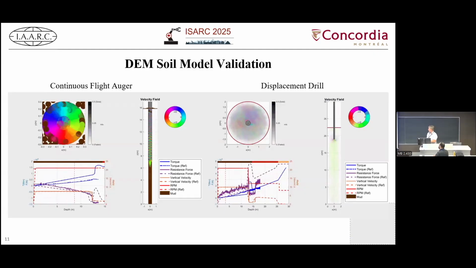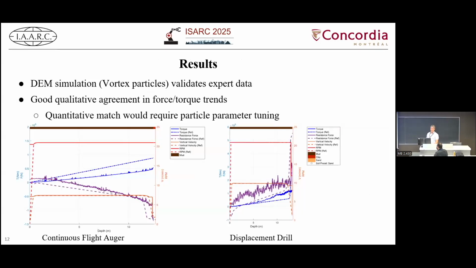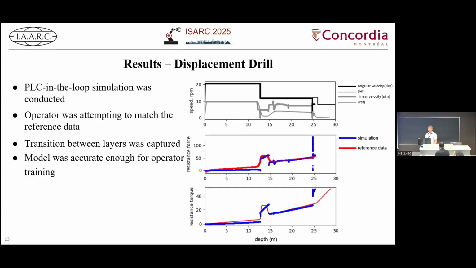What you can see here is basically just the simulation of the first layer in the soil. This is a kind of limitation we have with the DEM model in Vertex. But for the first layer of the simulation, we've successfully validated the simulation result against the SME provided data, both for the continuous flight augering and displacement drill.